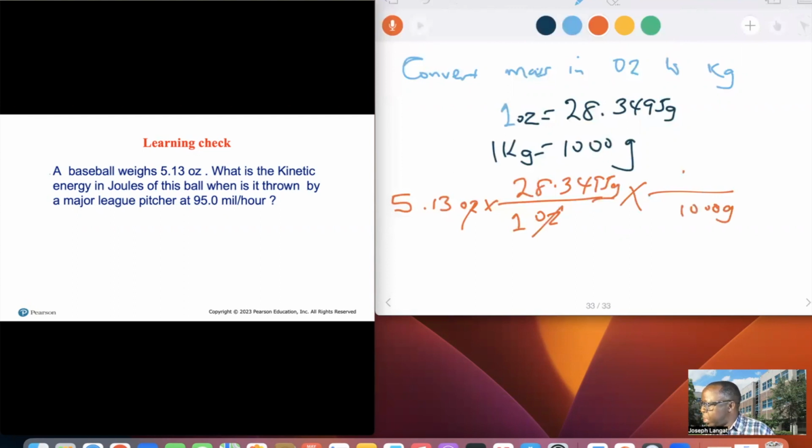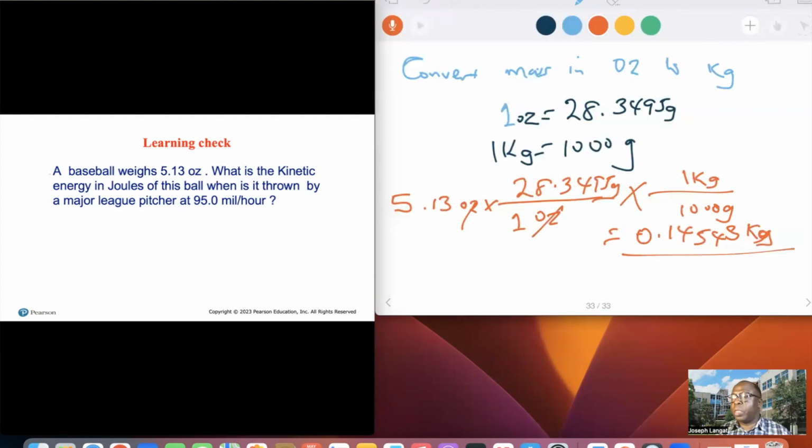It's going to be 0.1454. This is now the mass in kg.